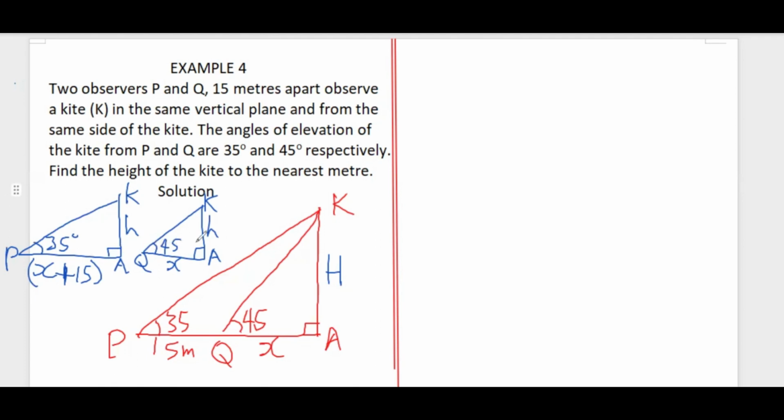In the first triangle, we can see that tan 45 equals H over X. If you press the calculator for tan 45, it gives 1. So 1 equals H over X, and when you cross multiply, we have H equals X. We can name this equation 1.